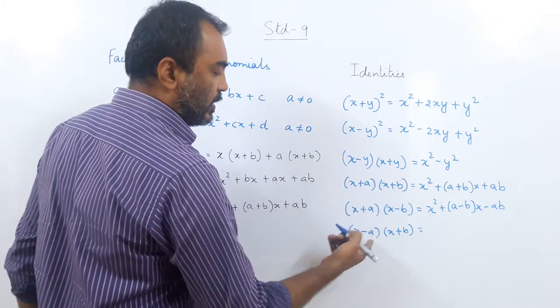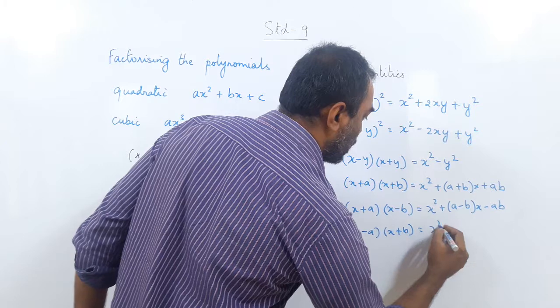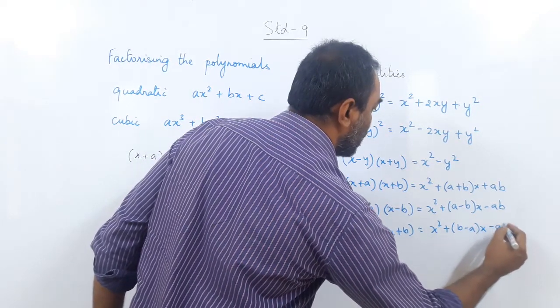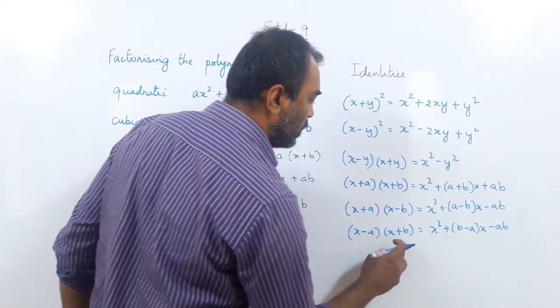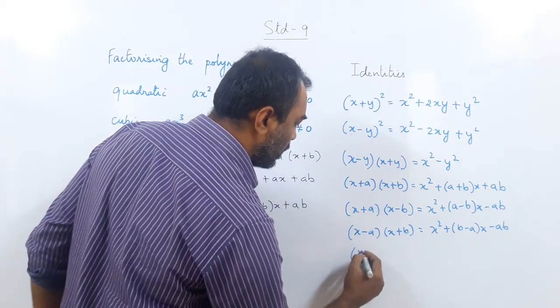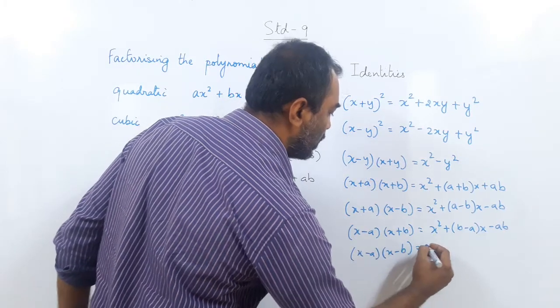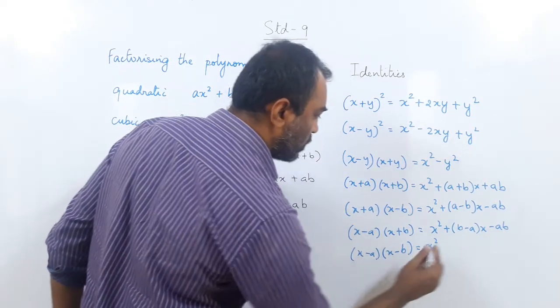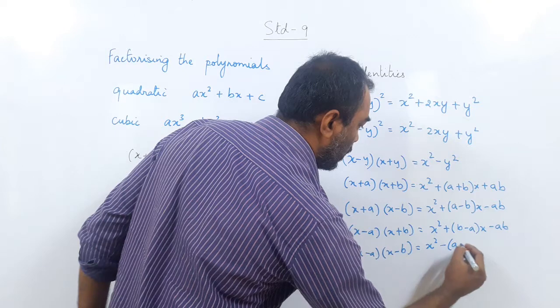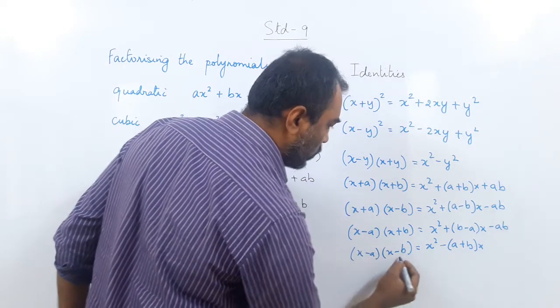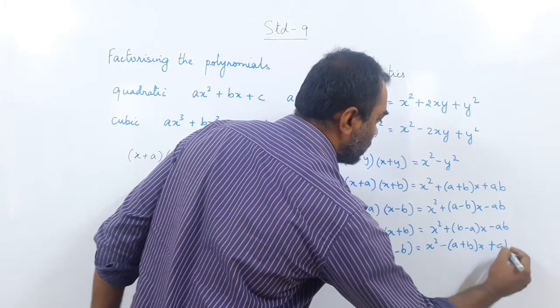Now here the a has become negative, so x square plus (b minus a)x and minus ab again. Why? Because minus a into plus b is minus ab. And if both are minus, then what will I get? x square, both are minus, so minus (a plus b)x, and minus into minus b becomes plus ab.